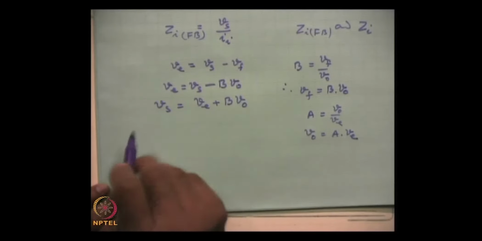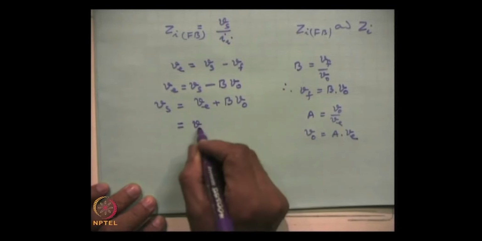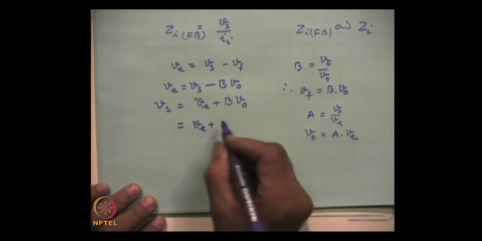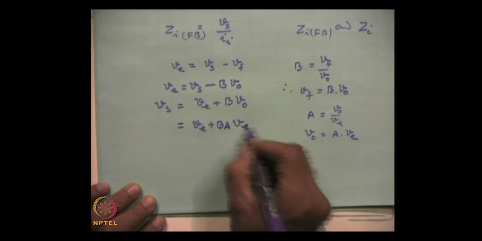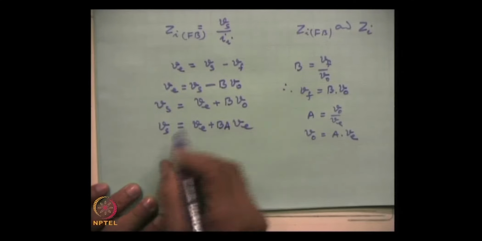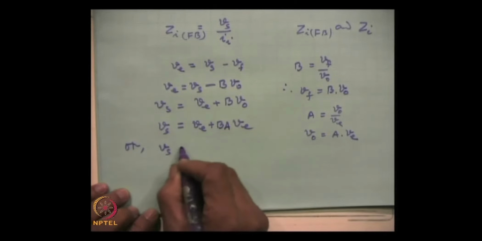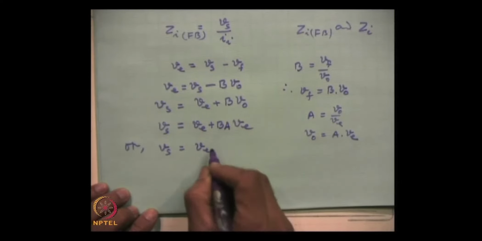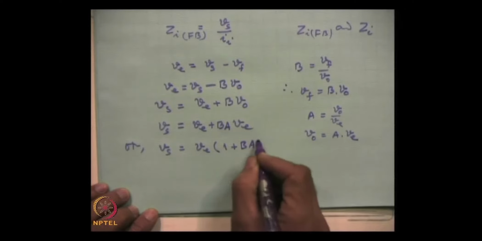So, this expression becomes VE plus B A into VE, this is VS, or VS equal to VE into 1 plus BA.